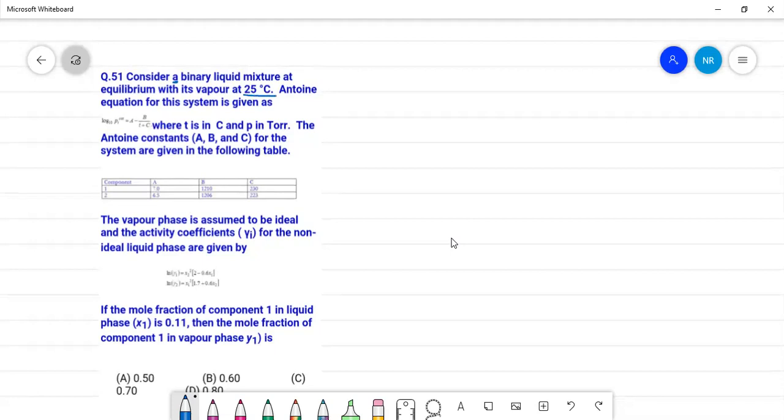The Antoine equation is given for the system as log10 P1 saturation is equal to A minus B divided by T plus C, where T is in Celsius and P is in torr.